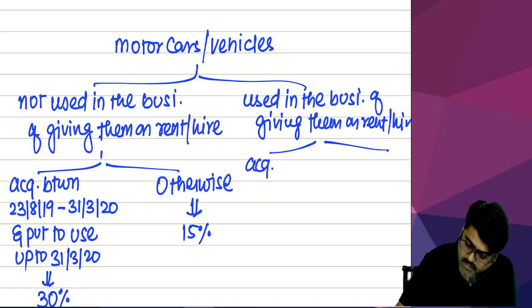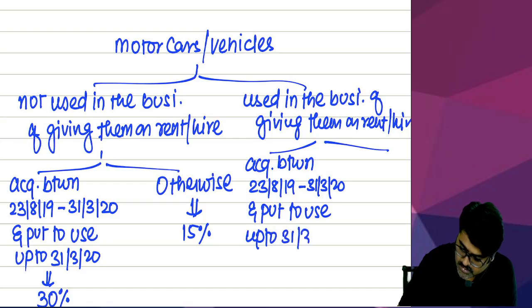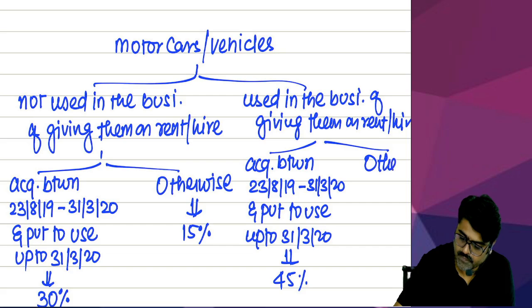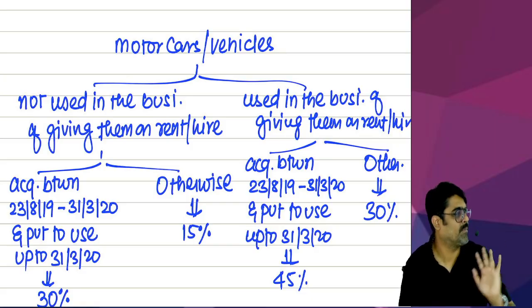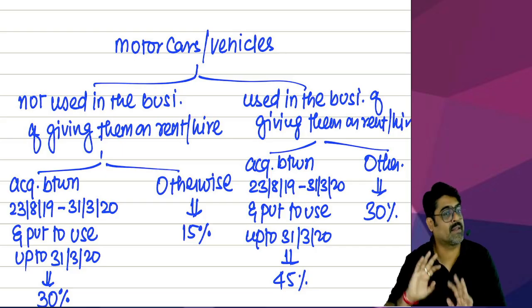Acquired between 23rd of August 2019 to 31st March 2020 and put to use up to 31st March 2020, then on these motor vehicles the rate will be 45%. Otherwise the rate is 30%. See, normal motor cars rate is 15%. If the motor cars, motor vehicles are used in the business of running them on hire, then the rate is 30%.